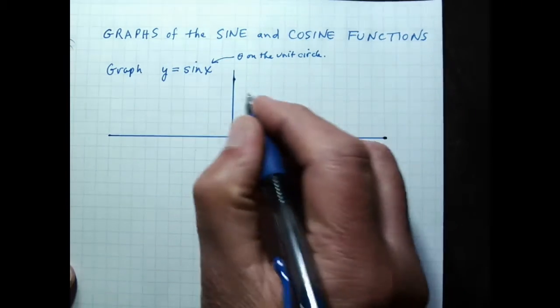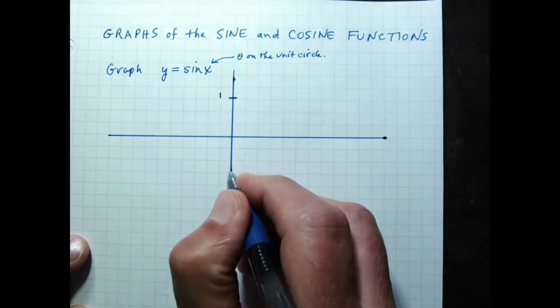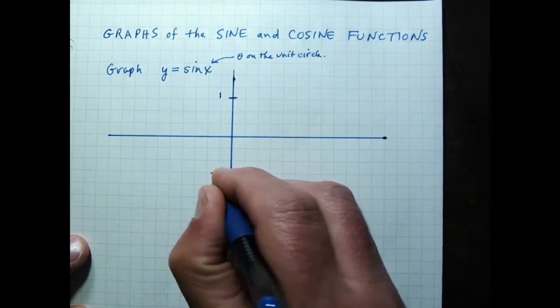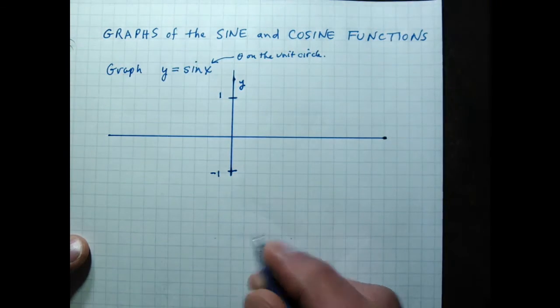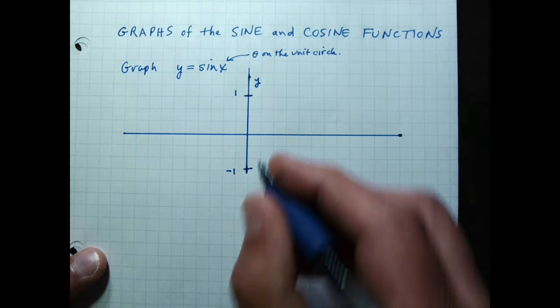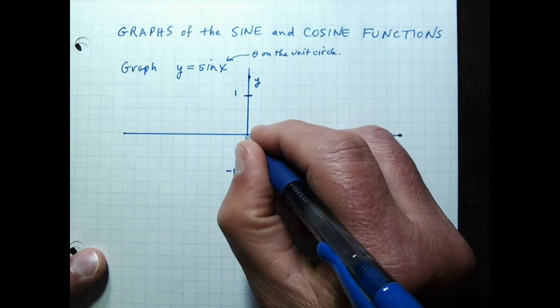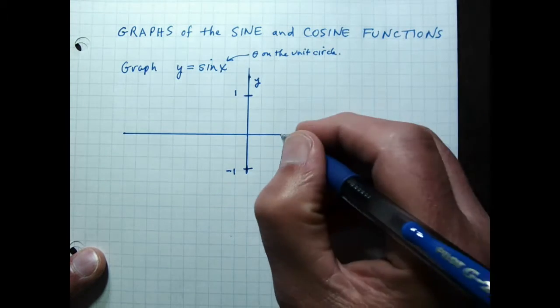Now on my vertical axis, all I need to label is 1 and -1. That's on the y-axis. On the horizontal axis, or x-axis, I'm going to label the quadrantal angles. You just want to be consistent in your scale. The x and y scales don't have to match.